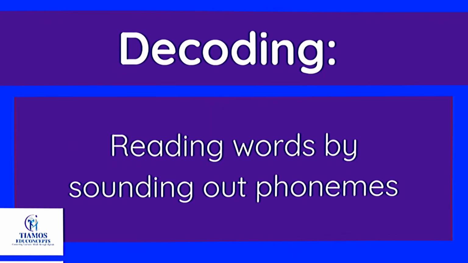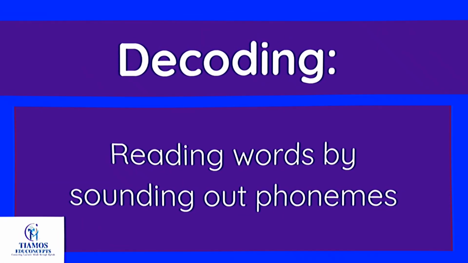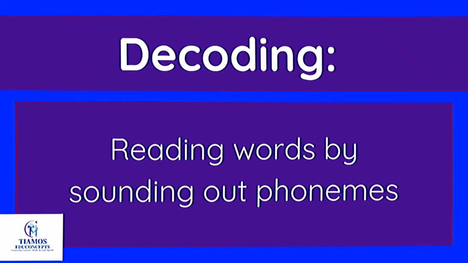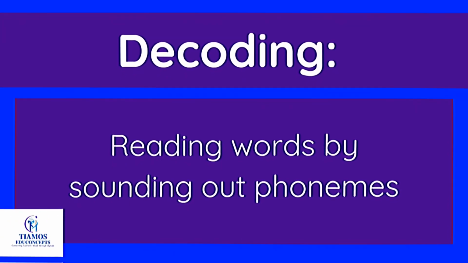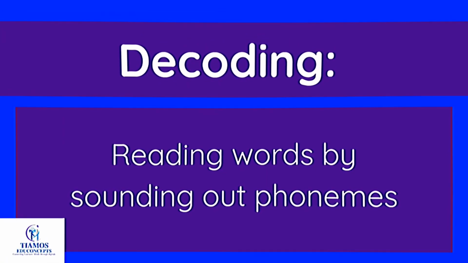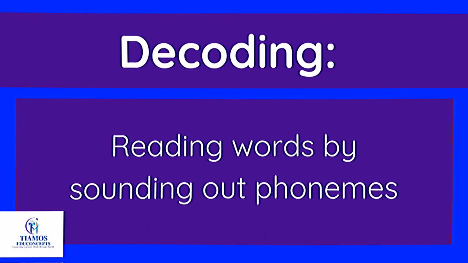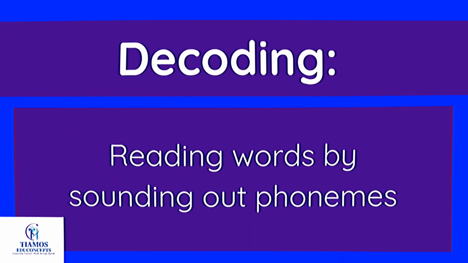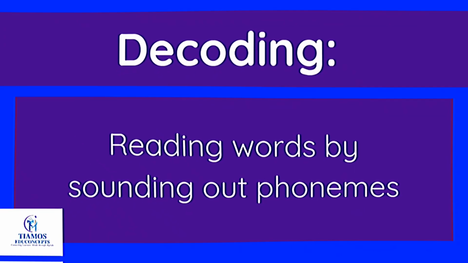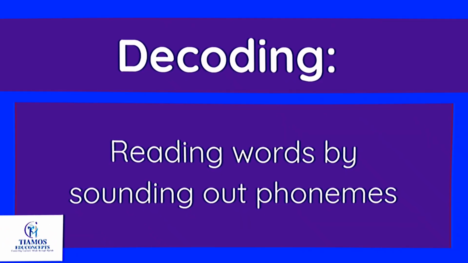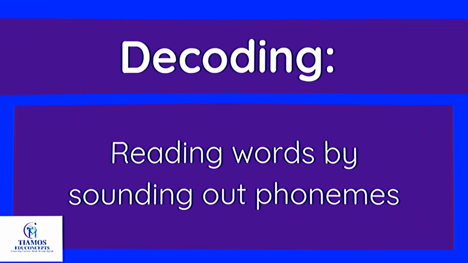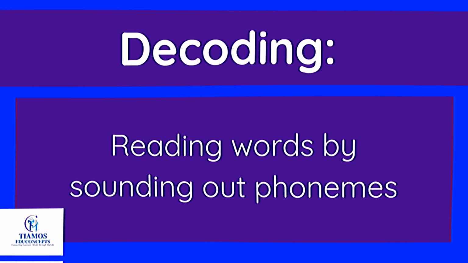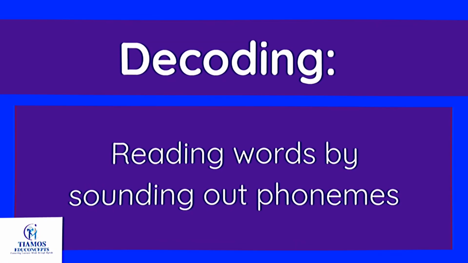I repeat, any words the child will be learning or reading or decoding has to be from those 6 sounds. So we can actually form some meaningful words from those 6 sounds.